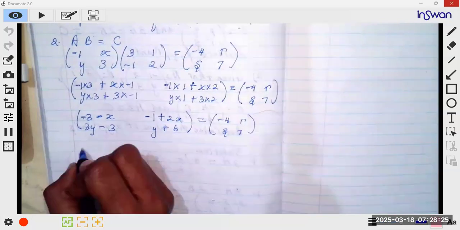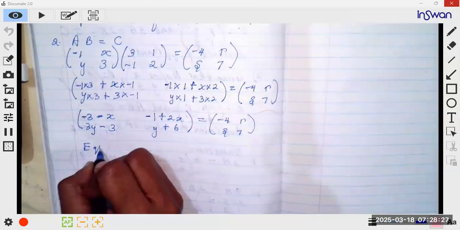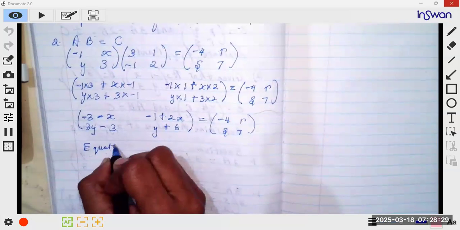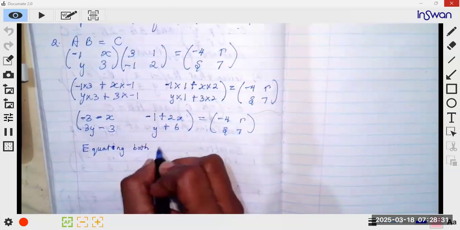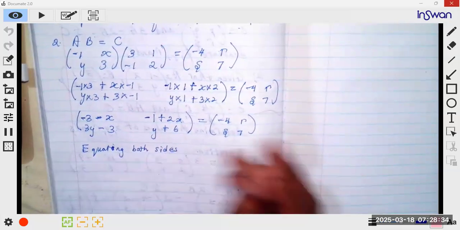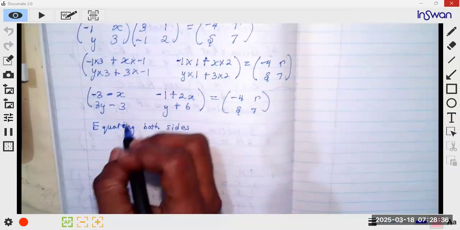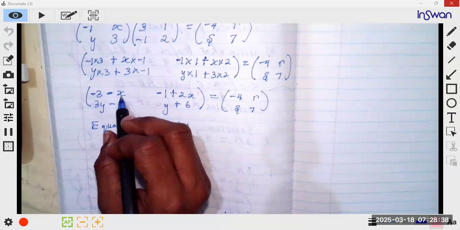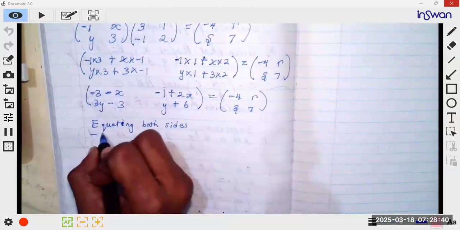So here we can equate both sides. And what will you get overall, miss? You'll put minus 3 minus x equal to minus 4.